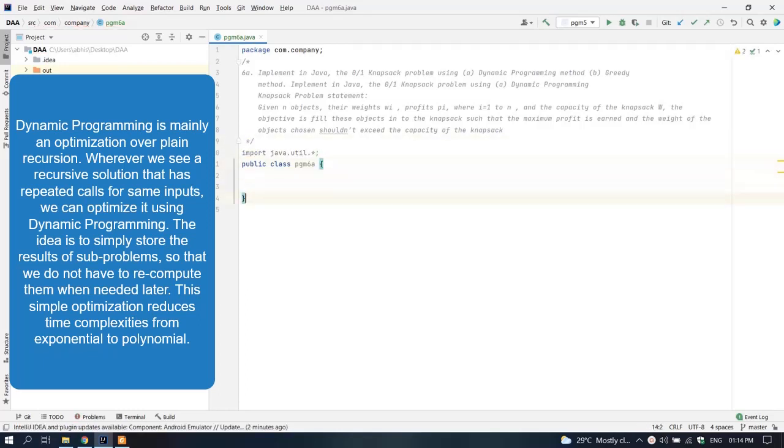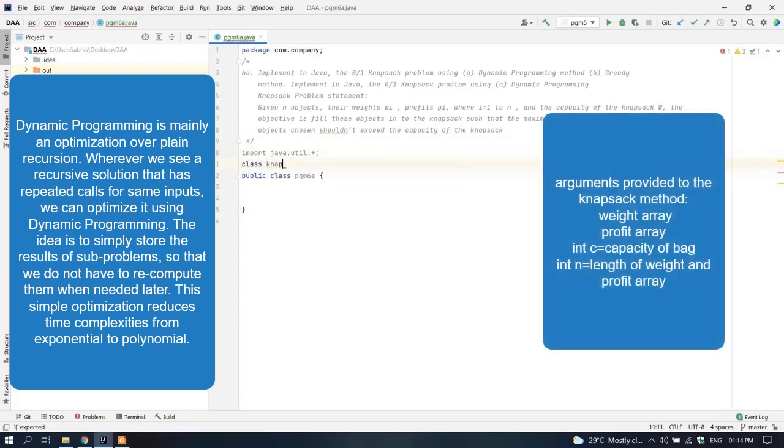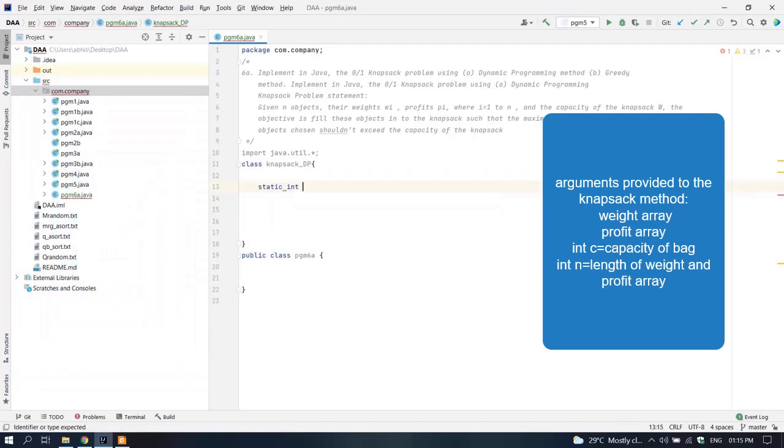Our knapsack is going to take certain arguments: the weight array, the value array, and the capacity of the bag, that is c, and n, the length of the weight and value array. So let us make a function called knapsack. Now we are going to make a table.